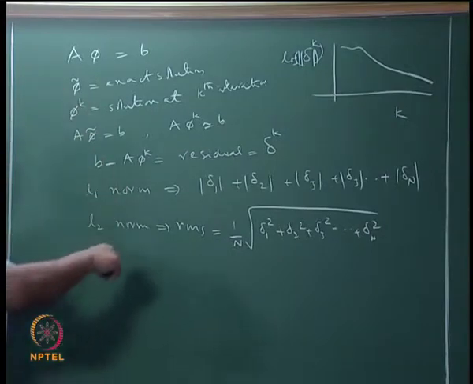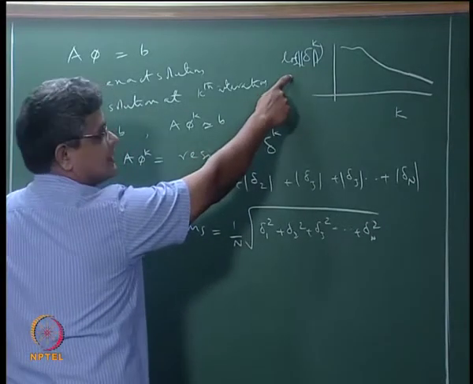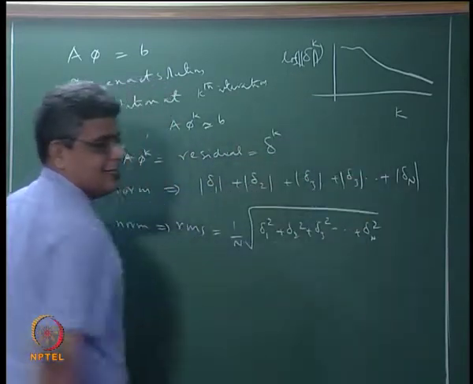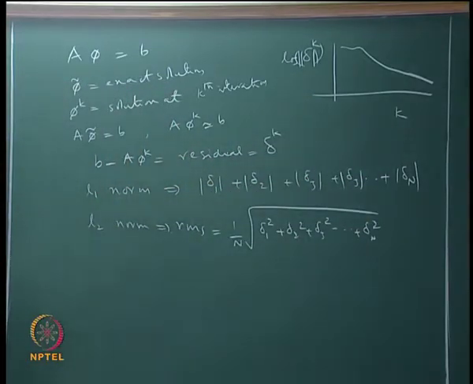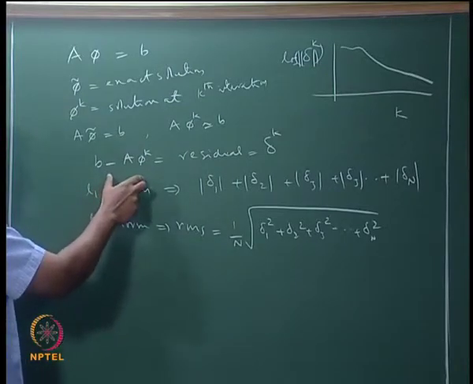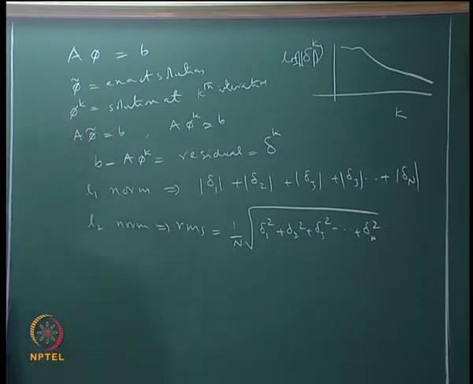Okay, so the variation of this norm with k is an indication of the rate of convergence. The lower this value is, the lesser is the degree of dissatisfaction of the current solution to the exact equation.